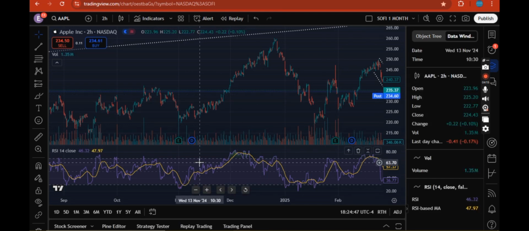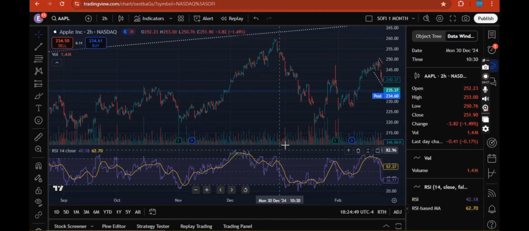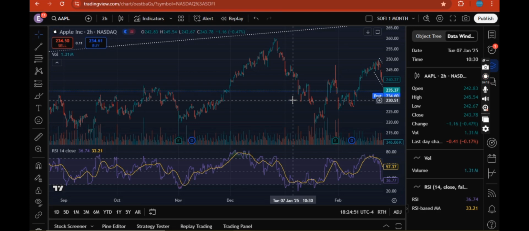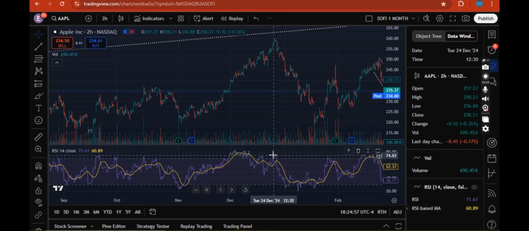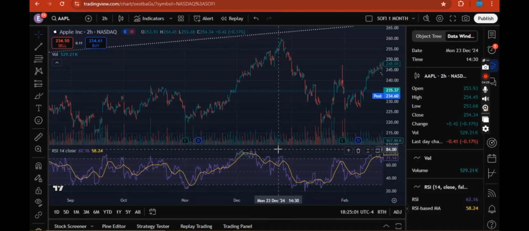Now for options trading sake, because with options trading you can make money when the market is going down as well, with put options. So as we see here, we just carry it back.